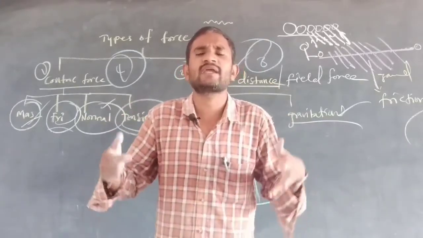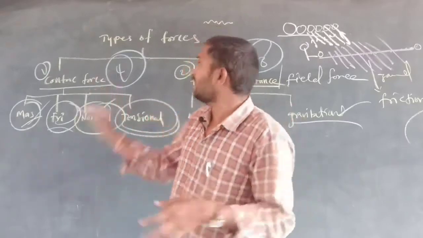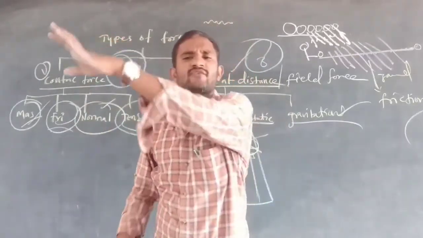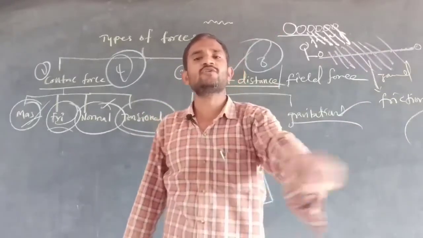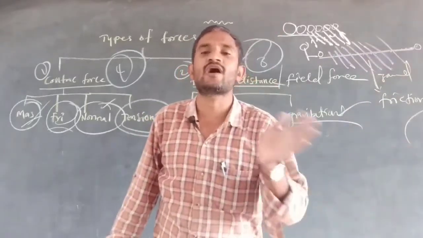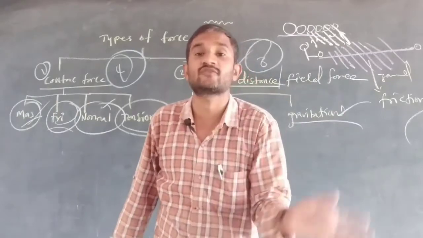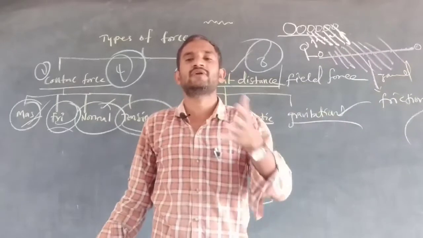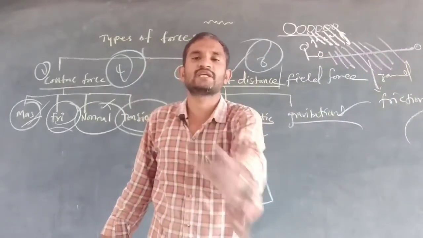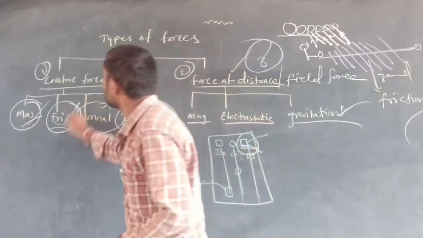Suppose we are walking, running, doing some work or writing something on paper, everything is because of friction. Without friction, we can't walk, run, work or write. We can't do any of our daily activities. Everything is due to friction only.